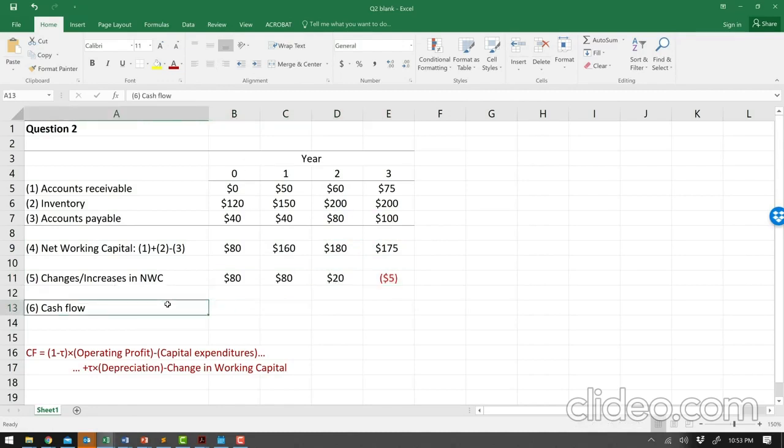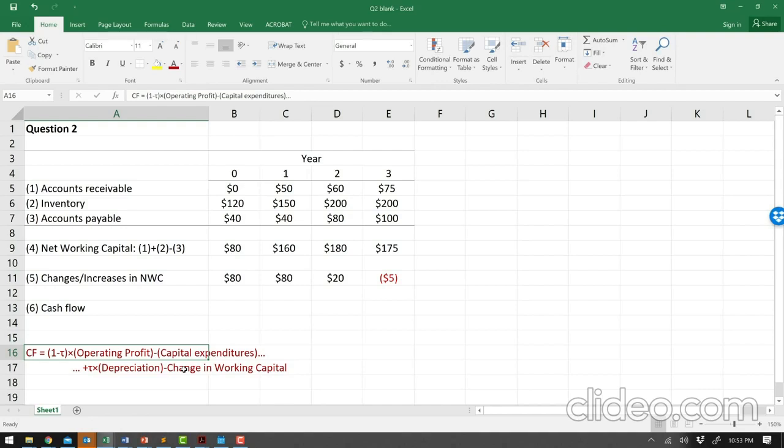Now, the final step is to compute the associated impact of increases in net working capital on cash flow. Recall that by definition, cash flow equals 1 minus tax rate times operating profit minus capital expenditures plus depreciation tax shield minus change in net working capital.